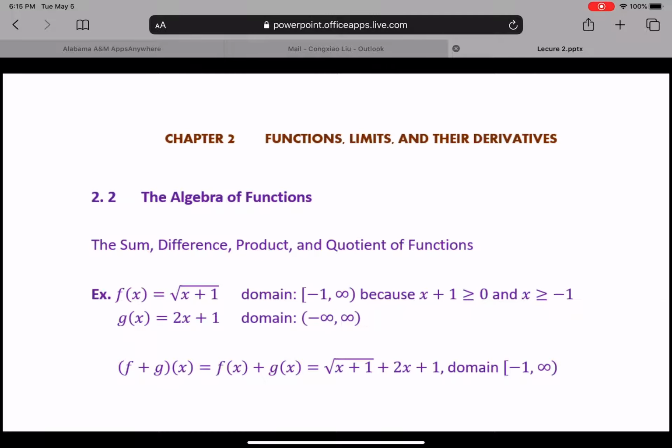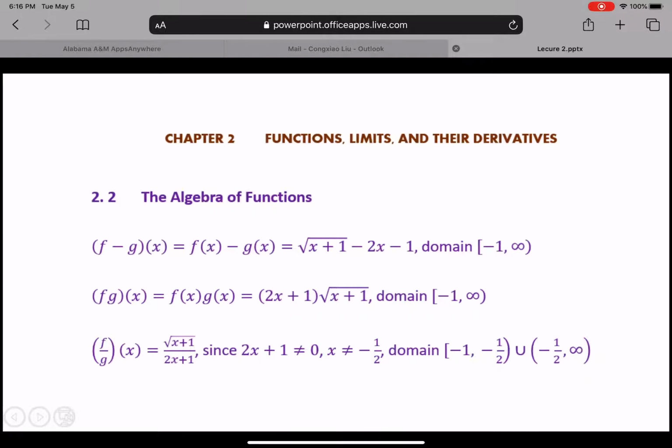The domain of this function is just the intersection of those two domains. Since the domain of g(x) is all real numbers, we only need to include the domain of f here. So the domain of this new function f plus g will be from -1 to infinity.